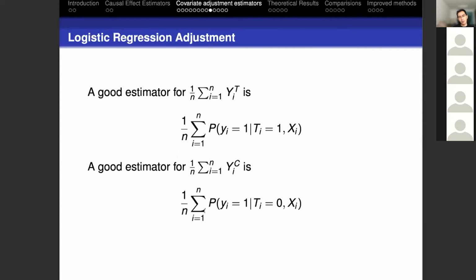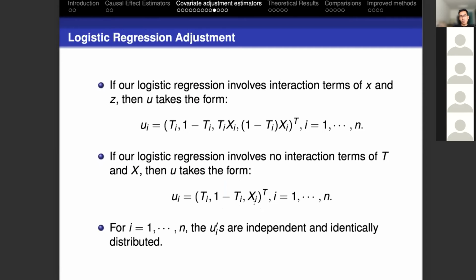If you use this model, then you have to think about the estimator for the causal effect, the average treatment effect. So a good estimator for this: the average of the treated outcomes can be estimated by this average of probabilities, and the outcome in the control group can also be estimated by this probability.